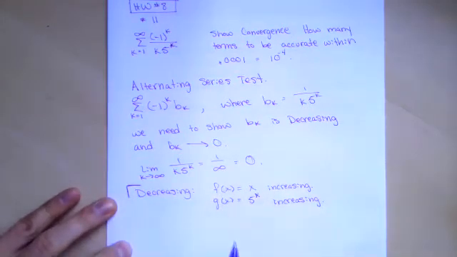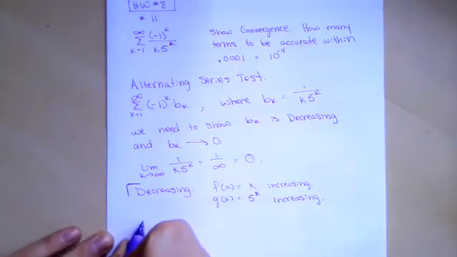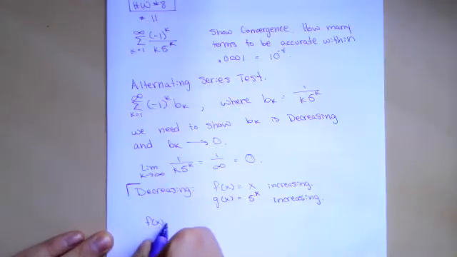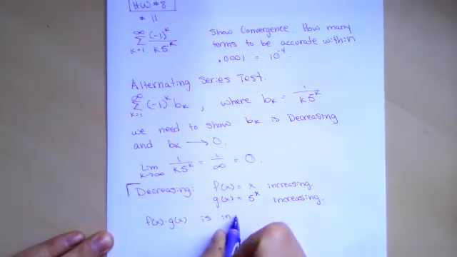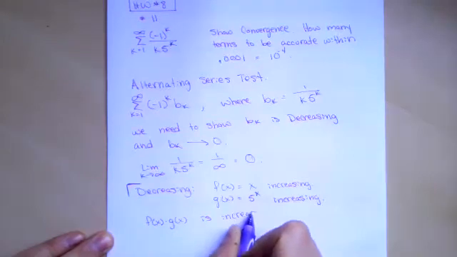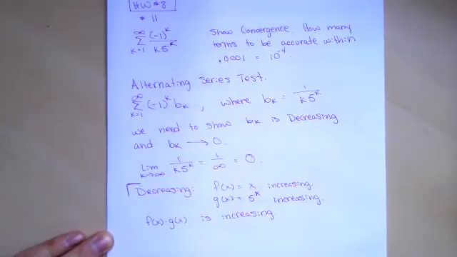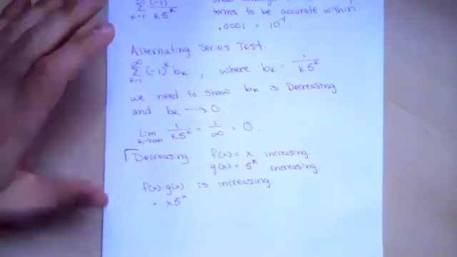One thing you should be able to prove, or at least show yourselves, is that the product of two increasing functions is also increasing. Shouldn't be too much of a surprise. So of course, this is just x times 5 to the x. You could prove that with calculus.